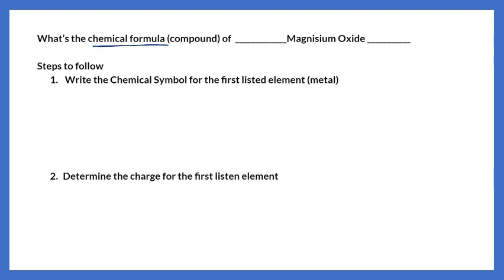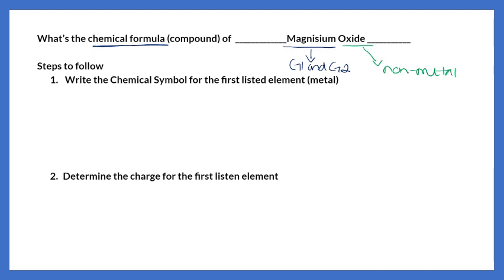So the first step to follow: magnesium is that group 1 and 2 metal. Oxygen is the nonmetal. Okay. The first step says to write the chemical symbol for the first element listed.